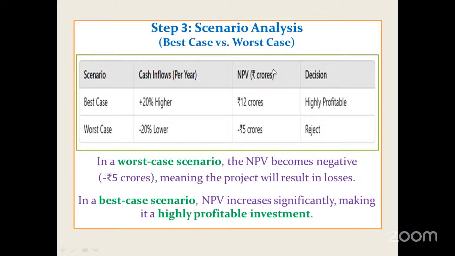In the worst case, the cash flows are minus 20%.